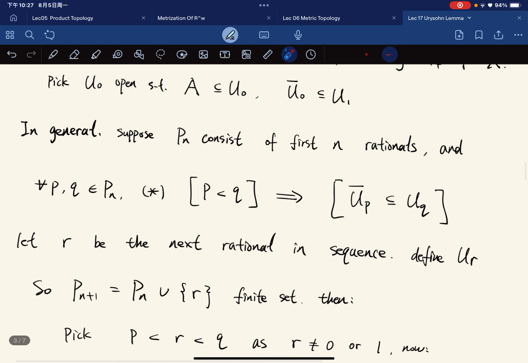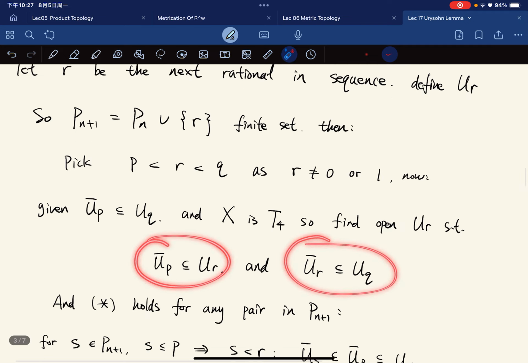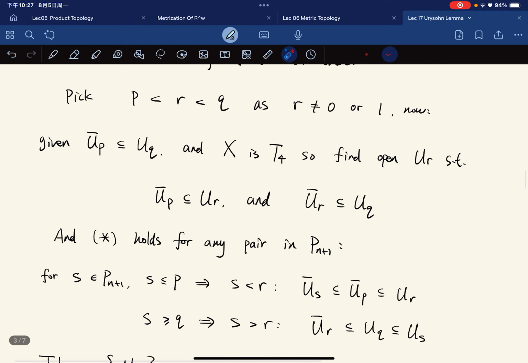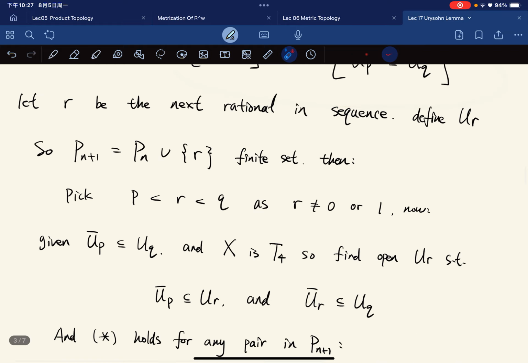This is why we require such a weird assumption, that the closure is contained: we want a closed set contained in an open set, so we can introduce a new open set such that these two conditions are true. Such a UR definitely exists.